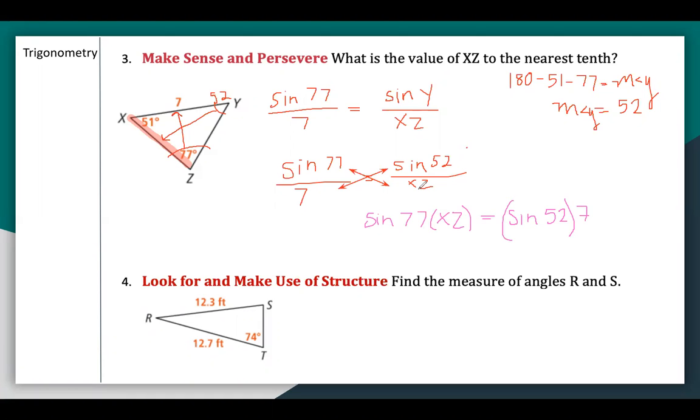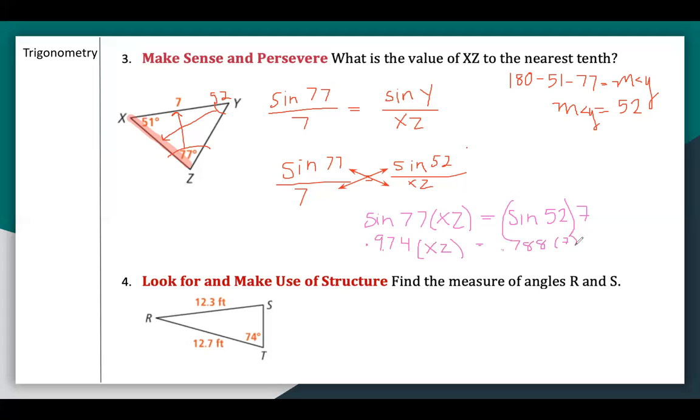Okay. And at this point, the sine of 77 is 0.97. Sorry, I've had some dog issues and my sister just walked in, but the sine of 77 is 0.974 times XZ is equal to the sine of 52, which is 0.788, times 7.